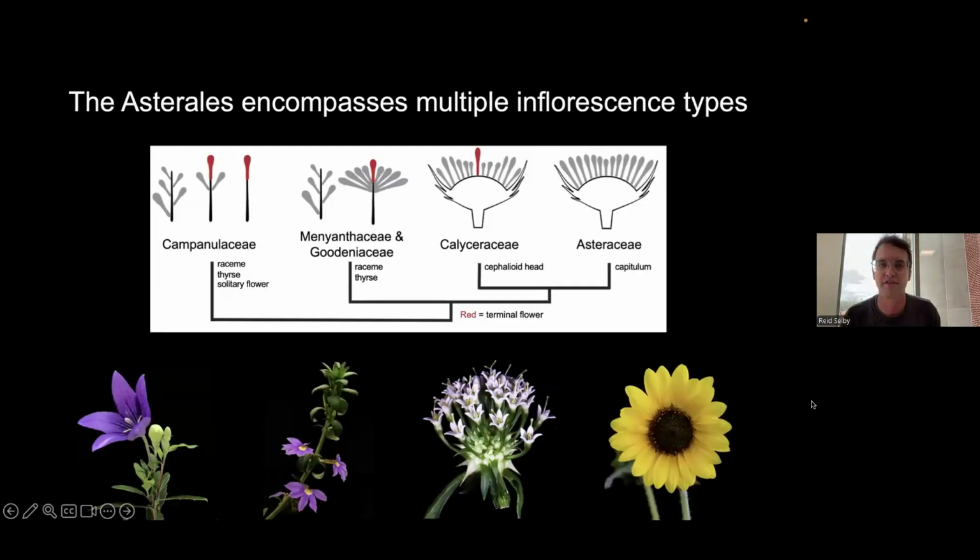So as you saw earlier, these four or five families here in the Asteraceae encompass many different inflorescence types, ranging from solitary flowers all the way to the capitulum we see in the Asteraceae.